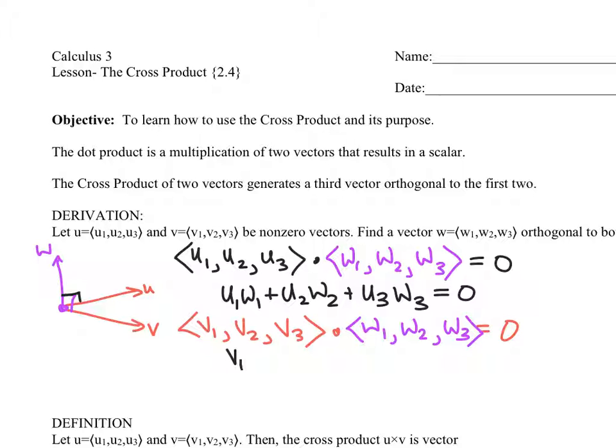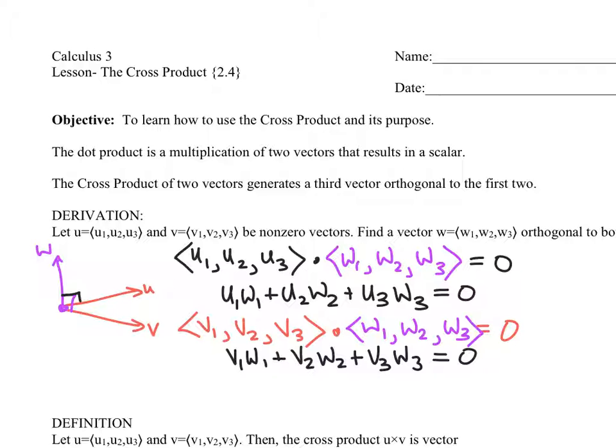So V1 W1 plus V2 W2 plus V3 W3 also equals 0. Now, ultimately, what we're looking to do here is figure out what W1, 2, and 3 would be in terms of U1, 2, and 3, and V1, 2, 3.